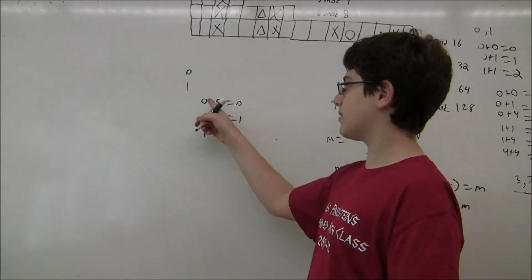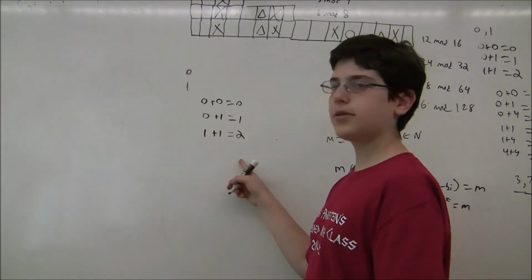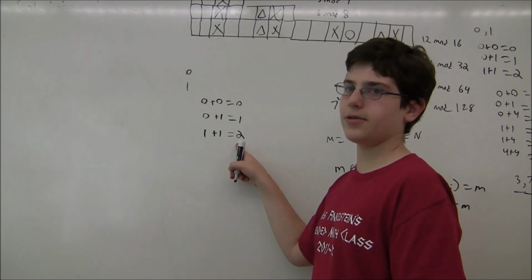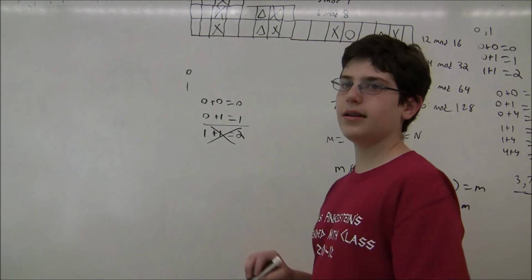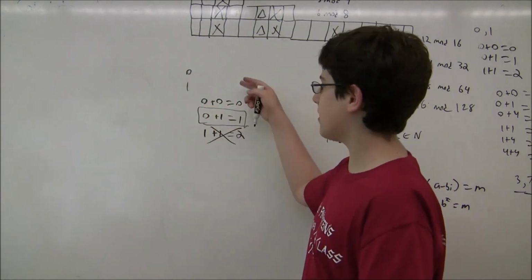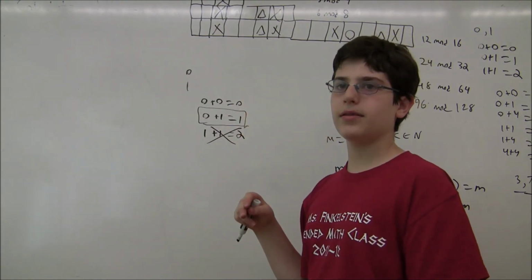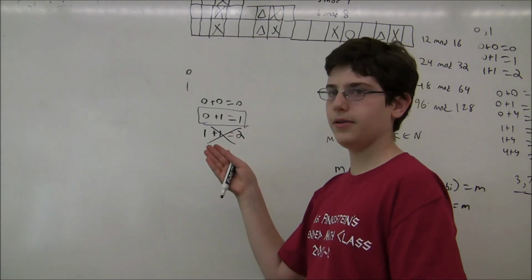So these are sides A and B, and this is side C in mod 4. 1 plus 1 equals 2 is impossible because 2 isn't a square. 0 plus 1 equals 1 is possible. An example is 3 squared plus 4 squared equals 5 squared. And 0 plus 0 equals 0 is also possible, but these are obviously all even, so I can divide them all by 2.